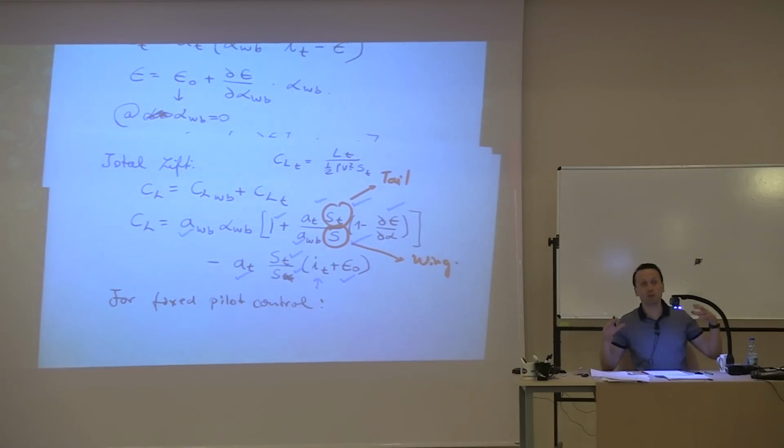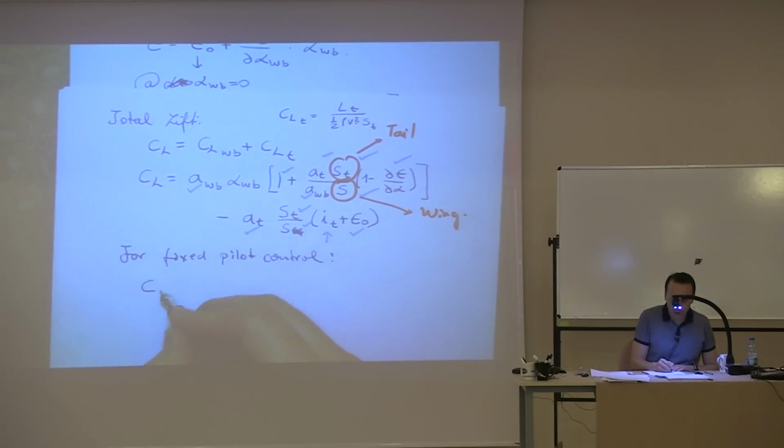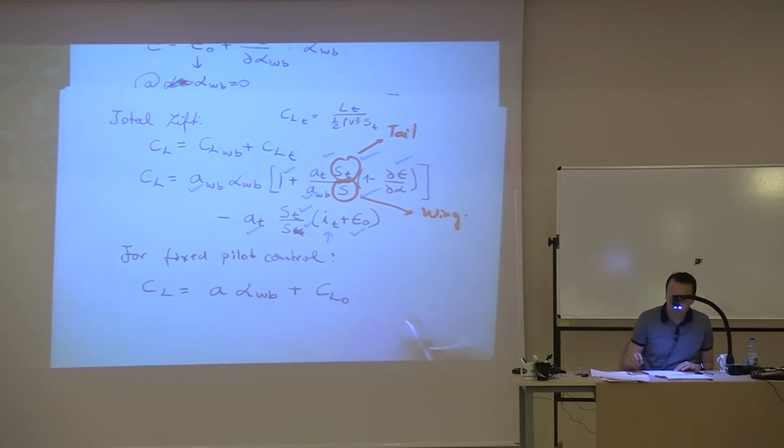so if the pilot doesn't change anything, you could write for the whole airplane now, CL is equal to the sum, A alpha wing body, plus CL0.